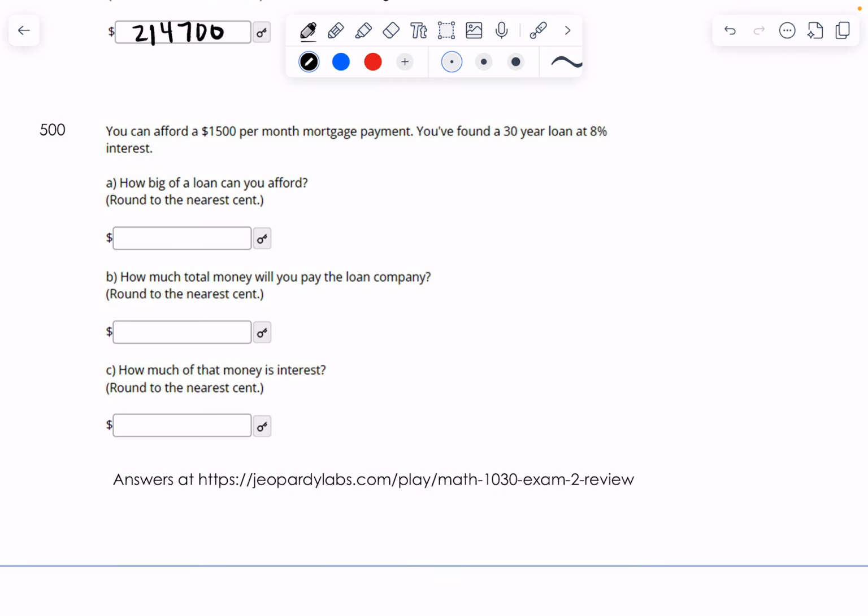Okay. And then our last one is you can afford $1,500 per month mortgage payment. You found a 30-year loan at 8% interest. How big of a loan can you afford?